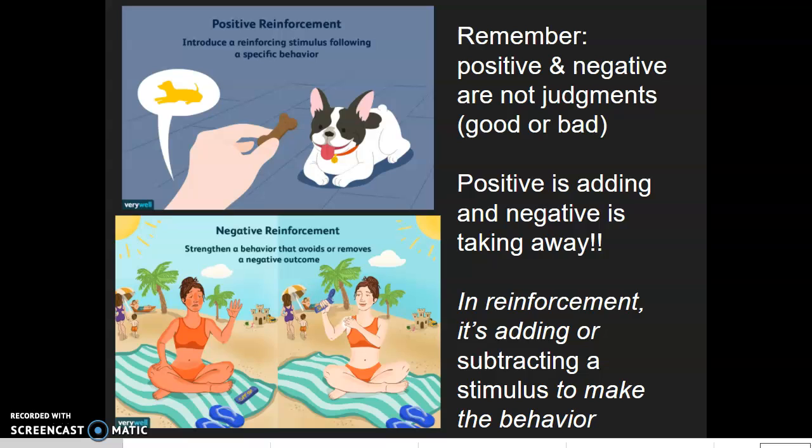So, you know, I'm going to put on sunscreen. Not getting sunburned is a negative reinforcement, okay? It's removing a potential negative outcome. Just remember that positive and negative, when we talk about reinforcement, is not good or bad. Positive is adding something, negative is taking something away. Both are good things that will reinforce the behavior.